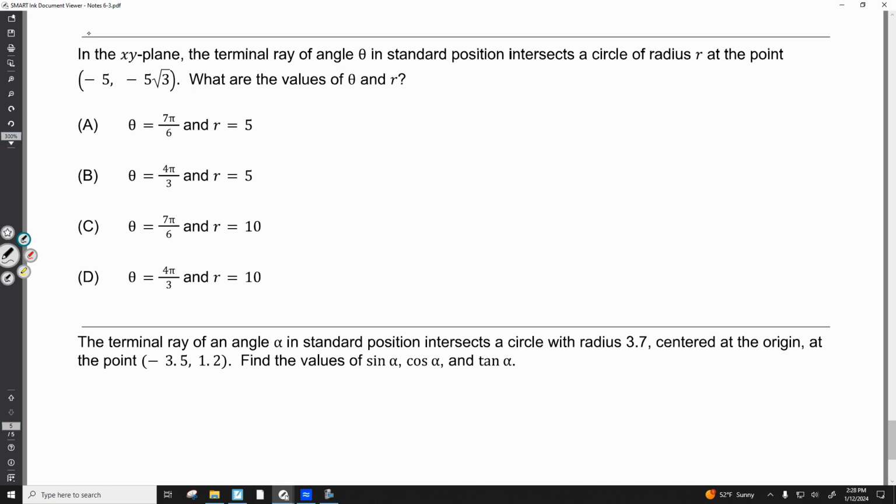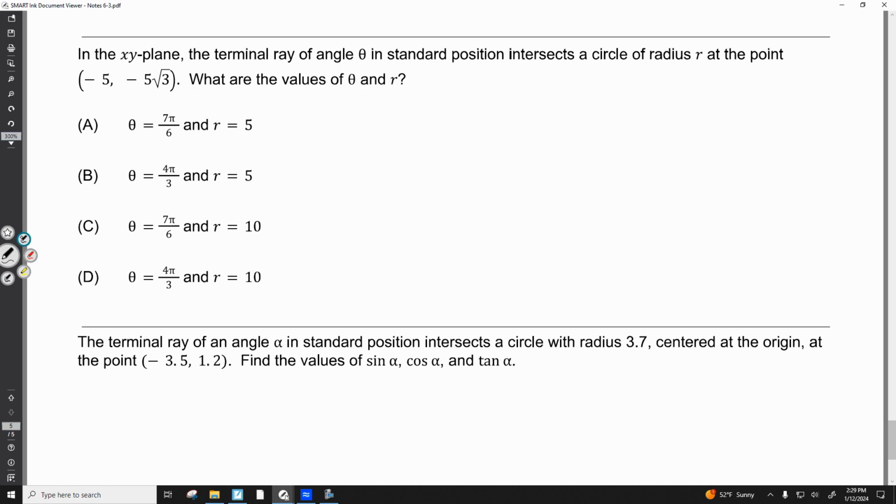What's the angle and the radius of the intersection between a terminal ray and a circle of a certain radius? What's the value of theta and r, A, B, C, or D, if those are the coordinates? Not B. It's B.